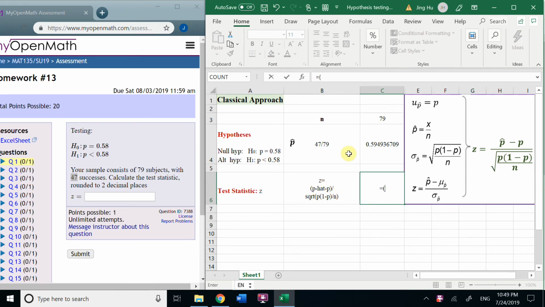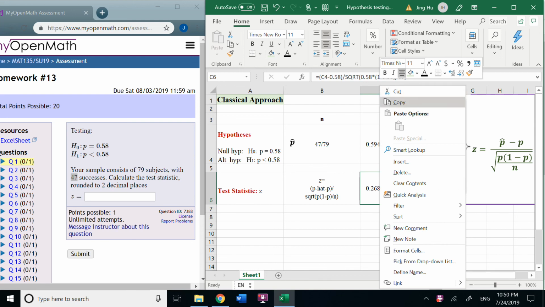So P hat is this value minus P, which is 0.58, then divided by SQRT, the square root, of P, which is 0.58 times 1 minus 0.58, and divided by 79, and we need one more right parenthesis, then enter. So we get this answer.